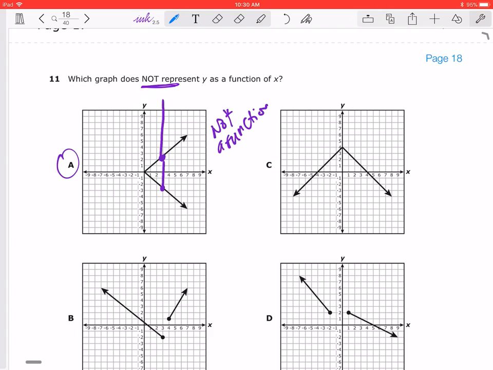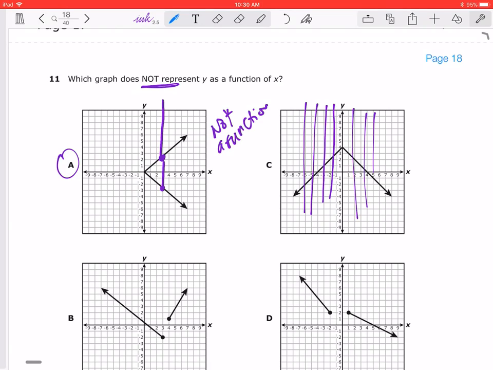C, even though it looks wonky, these first two, A and C, are absolute values of some function. But if I do a vertical line test, I will never hit the same value of x twice. In order for it to be a function, x can never repeat.